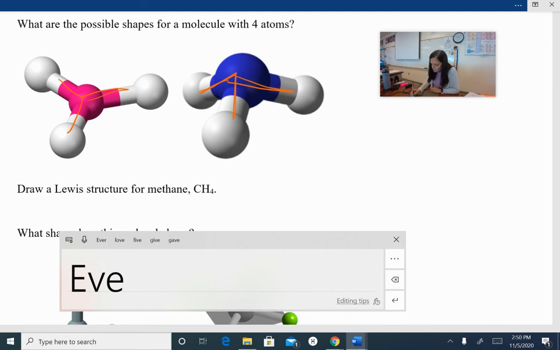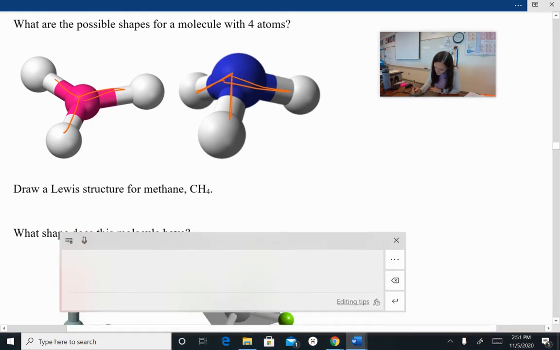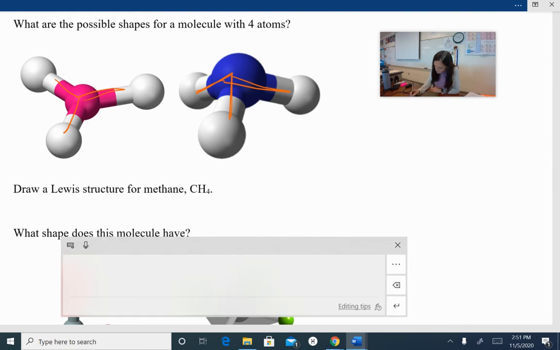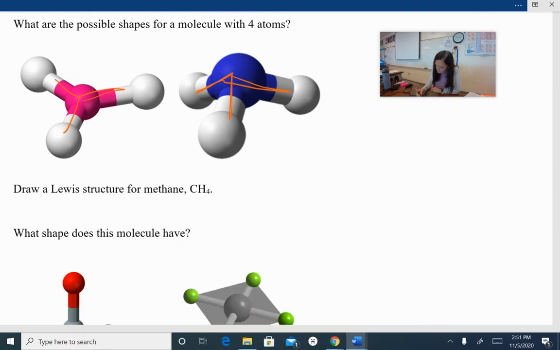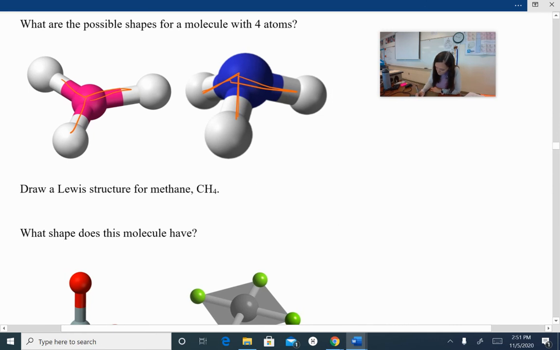Okay, so if I look at this, carbon's got to go in the middle. And we're going to put single bonds to each of the hydrogens.